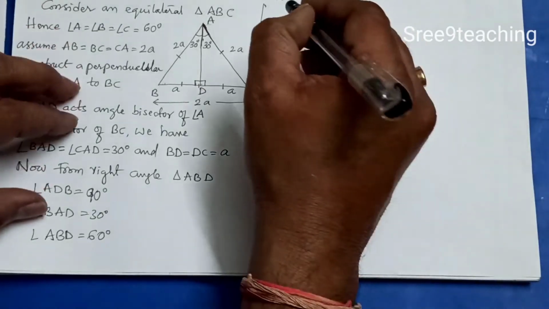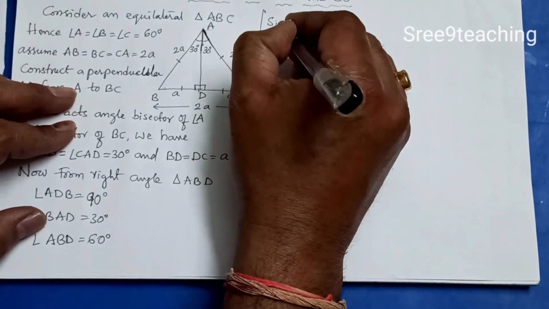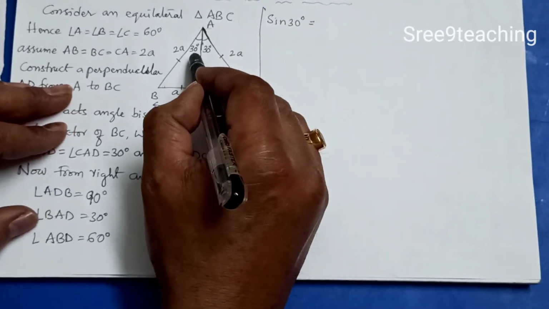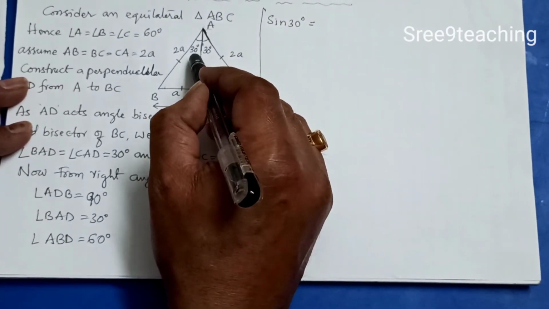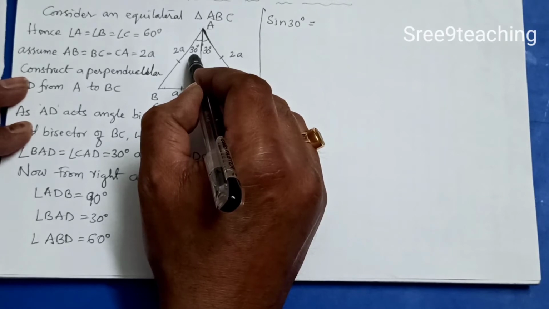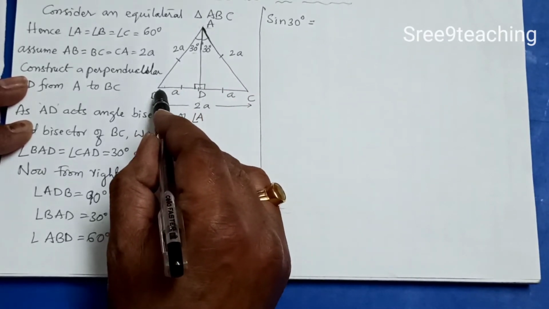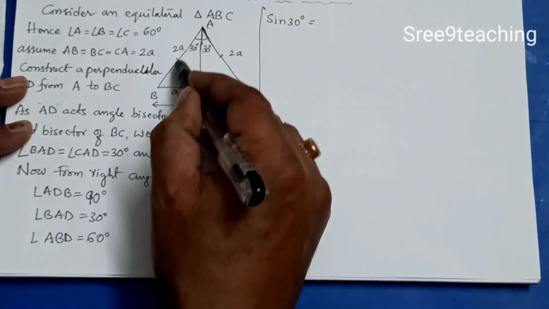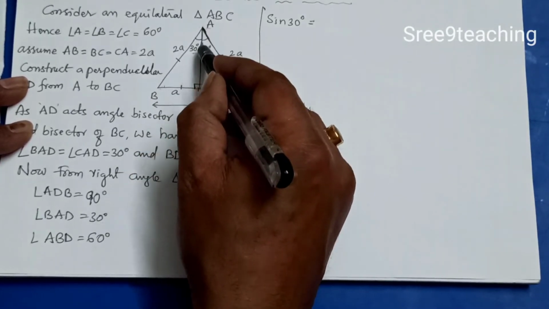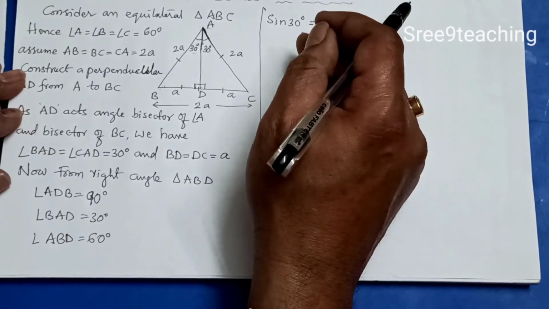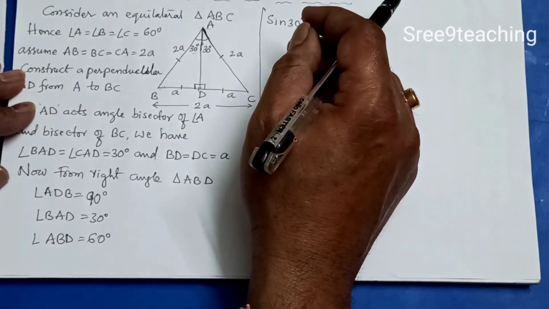Now first, sine 30 degrees. For this 30 degrees angle, which will be the opposite side? Yes, this is the opposite side and this is the hypotenuse. This is the perpendicular.